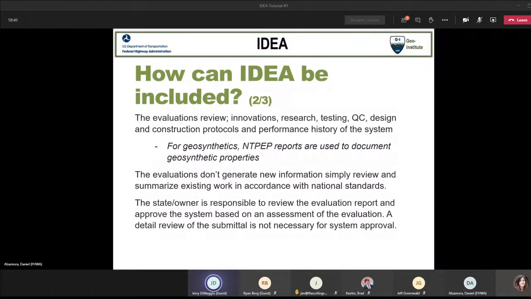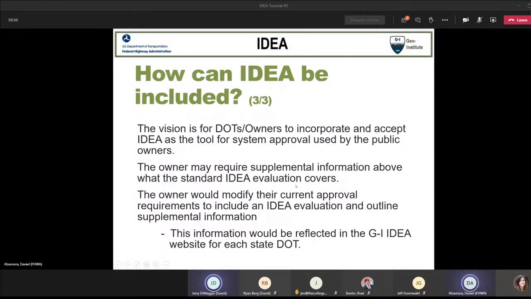And finally, last slide for me, Daniel, 3 of 3. How can we include IDEA? So the vision that we have in Federal Highways and GI has is that the DOTs and owners would incorporate and accept IDEA as a tool for the system approval used by public owners.